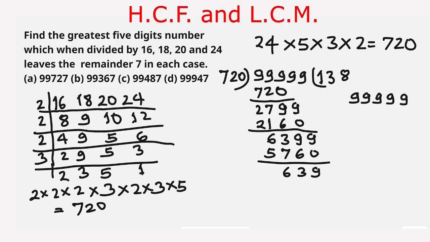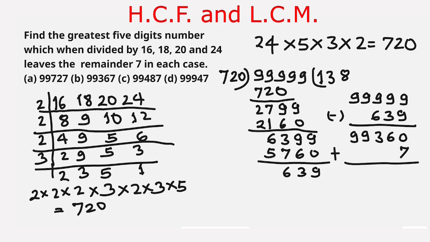Our remainder is 639. We subtract 639 from 99,999 and then we will add 7 to it. On subtracting 639 from 99,999, we get 99,360. Now we add 7 to it, as we want the remainder 7 in each case.